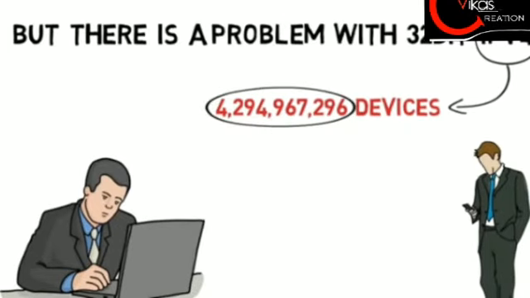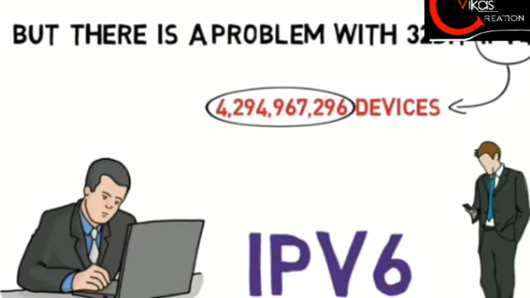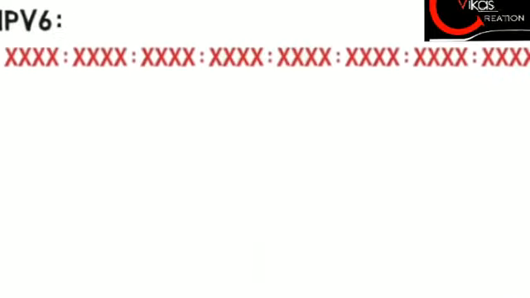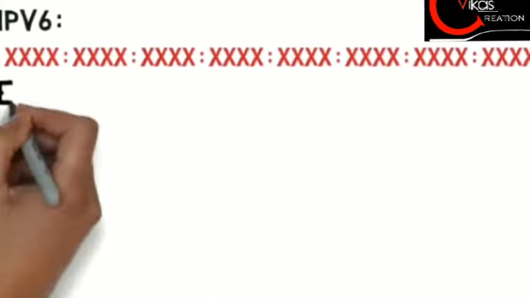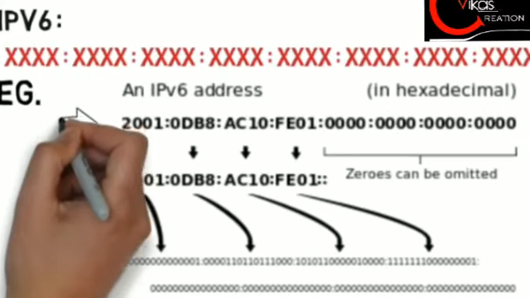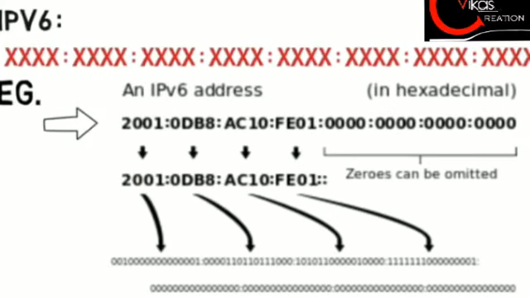So, slowly we are moving towards the IPv6 address, which is a 128-bit IP address. In human-friendly form, IPv6 is written as a group of 8 hexadecimal numbers separated with colons. For example, in human-friendly form, the IPv6 address can be written like this, while in computer-friendly form, an IPv6 address can be written as a sequence of 128 ones or zeros.